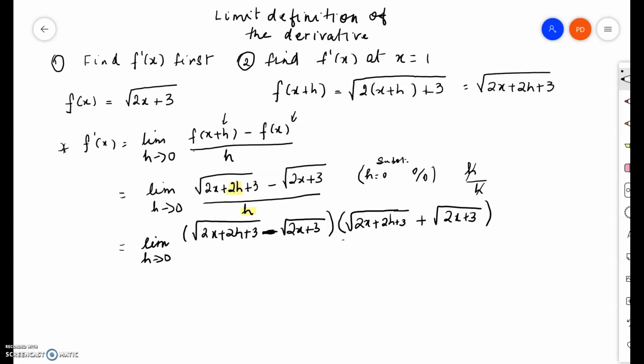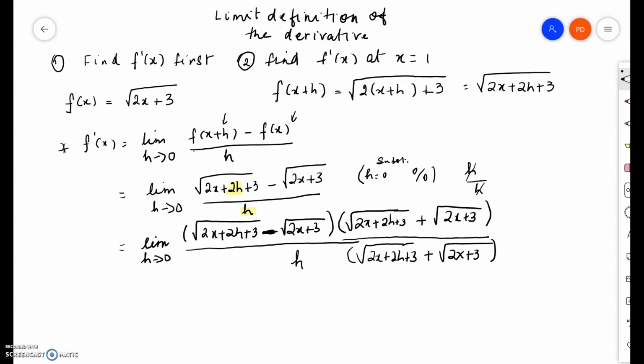We have to do the exact same thing in the denominator. Radical 2x plus 2h plus 3 plus radical 2x plus 3. And then of course we already have an h in the denominator, which needs to go eventually, and that's the reason why we are doing this.